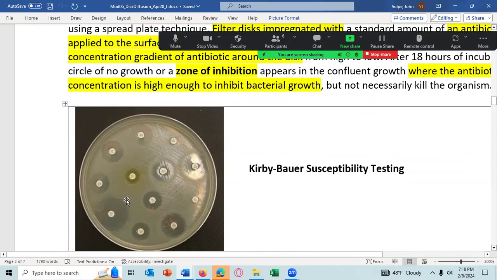And you can do this to determine which antibiotic would be the best one to use against this particular bacteria.